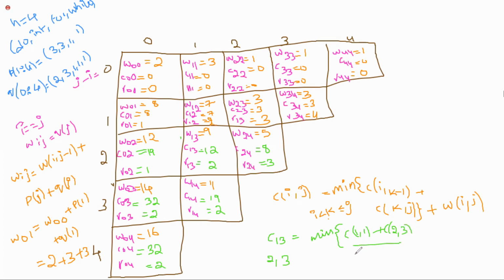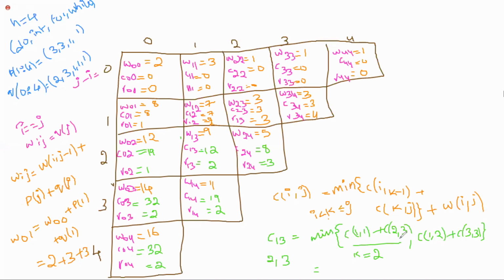This is when the k value is equal to 2. Next we have one more possibility for k, which is k equals 3. When k equals 3, i is 1, k minus 1 is 3 minus 1 which is 2, plus C of k, j where k is 3 and j is also 3. Okay, C11 plus C23.